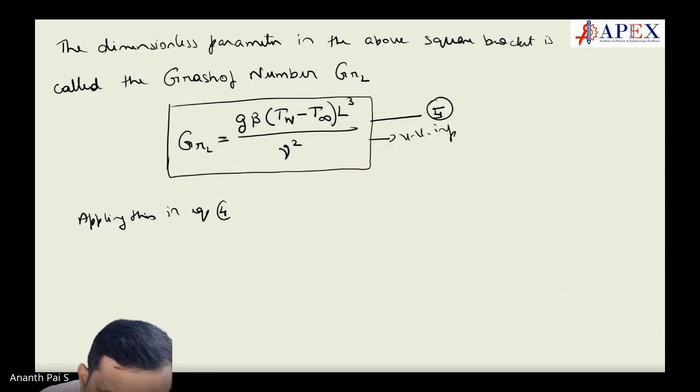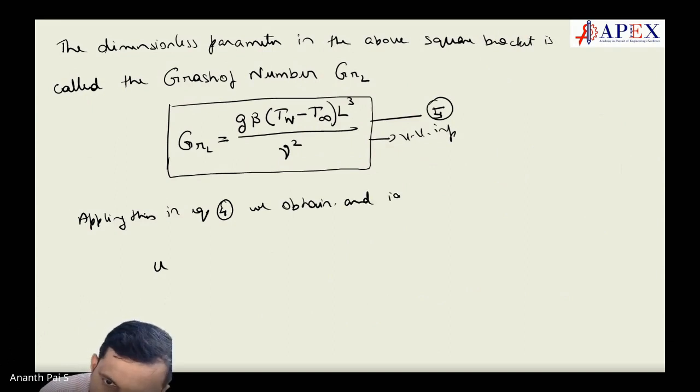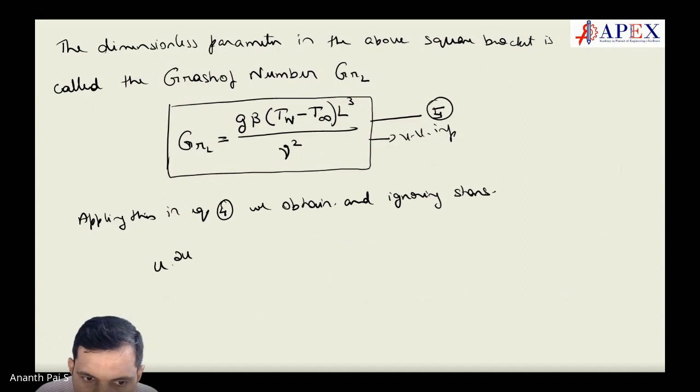In equation 4, we obtain u and v, ignoring stars. Nowadays, what is happening in Bollywood, we ignore stars, is it not? We are going with content.